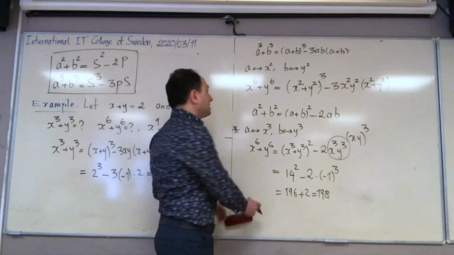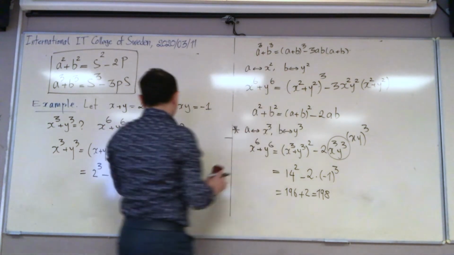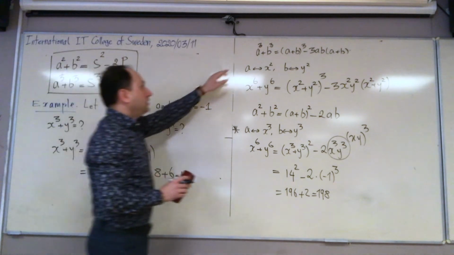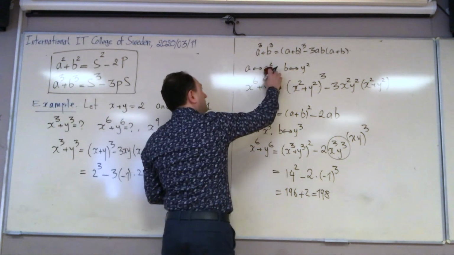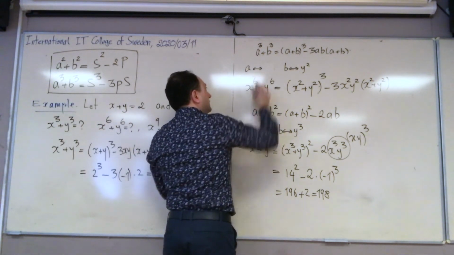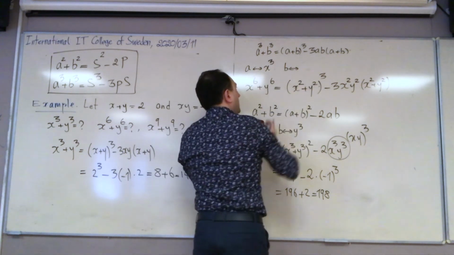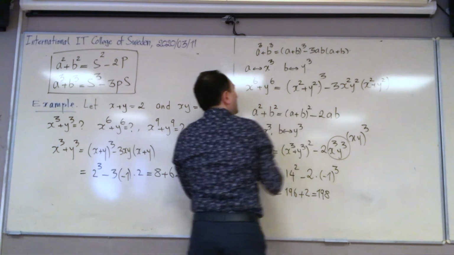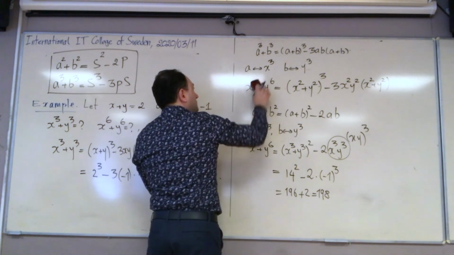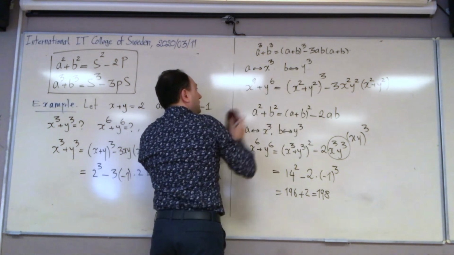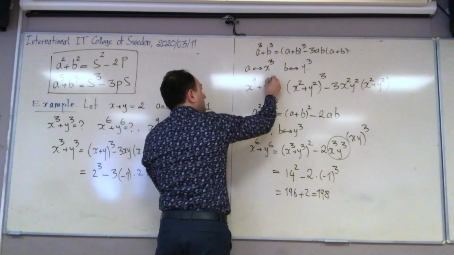Yes, you're right. So for solving the last part of the problem, I use this corollary, but I replace a with x cubed, and I replace b with y cubed. Yes? And then this becomes x to the power of 9 plus y to the power of 9, which is my question mark.